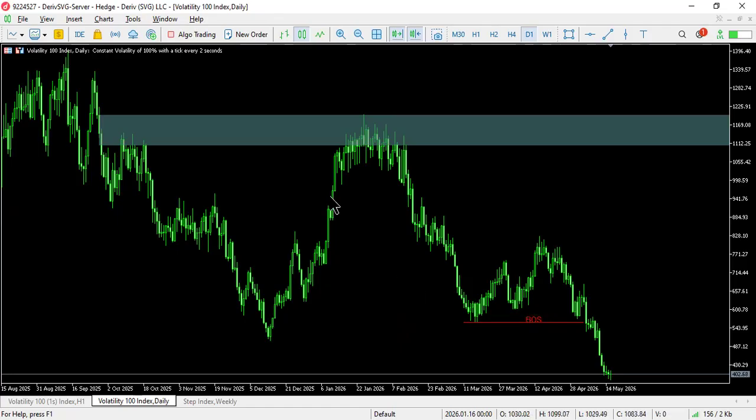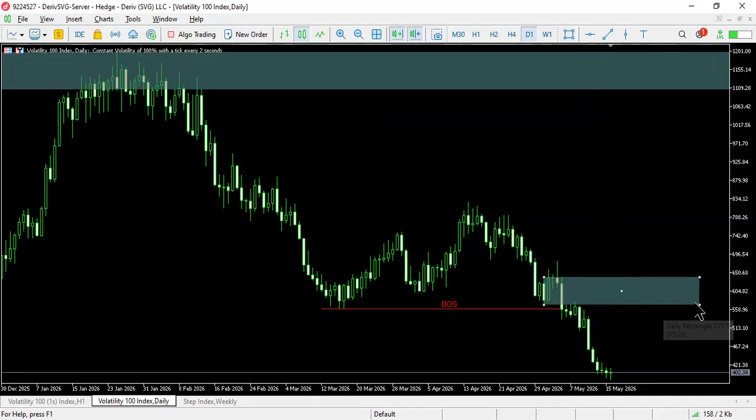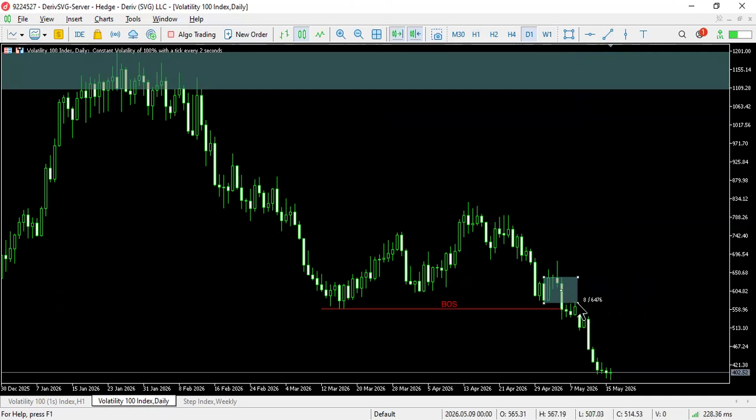And then the order block which caused that break of structure, it is that order block. Let me see if it has been mitigated. So this specific order block was mitigated already, so that one is of no use to us.